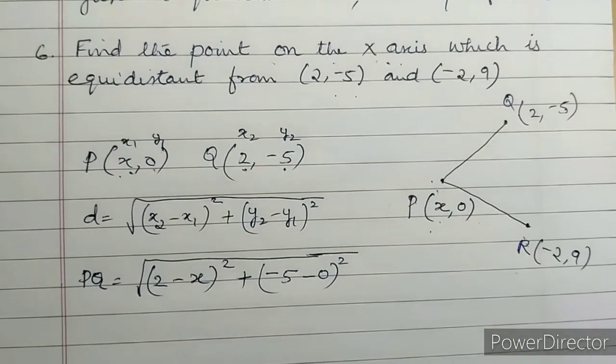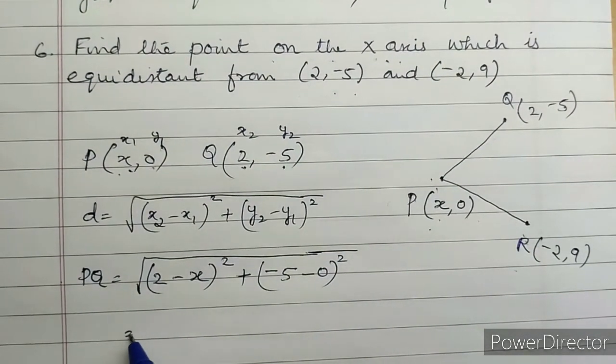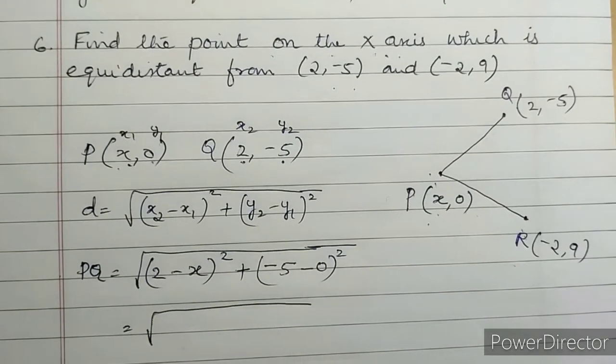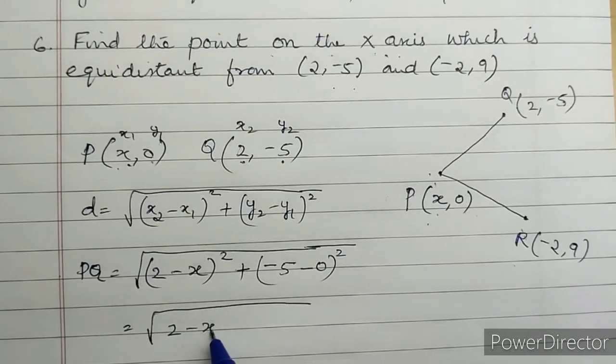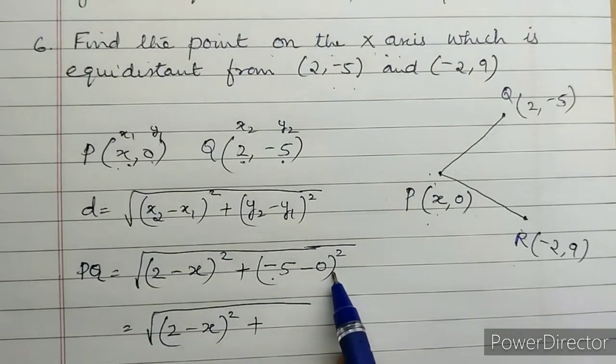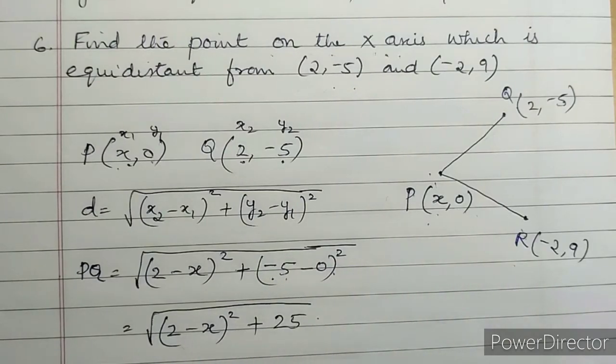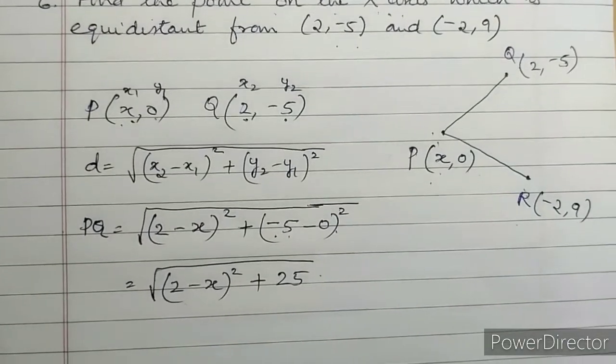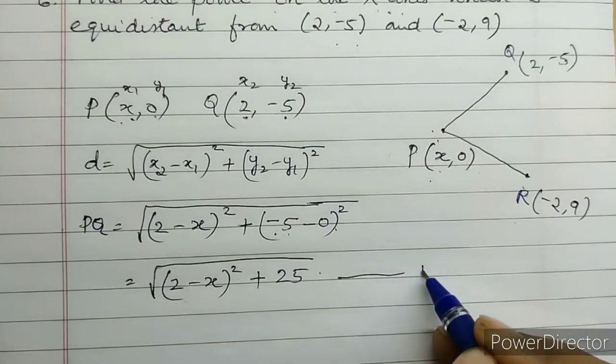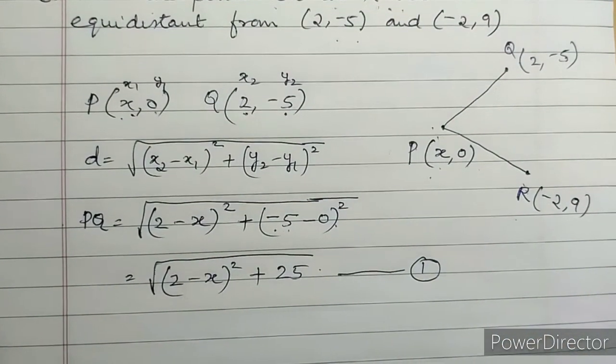Simplify it: you can't do anything with (2 minus x) square, so write it as is, plus (-5) square, which is 25. So you got the PQ value.